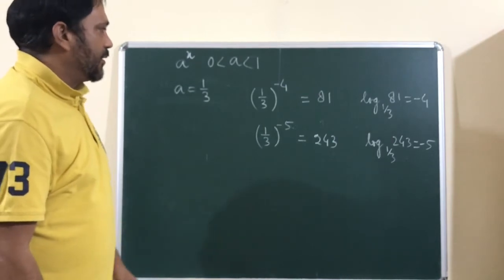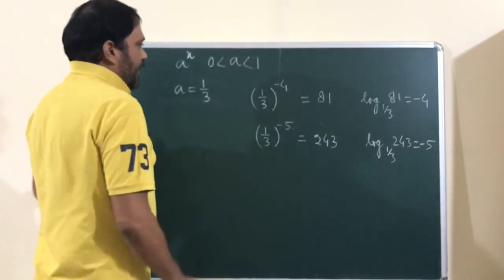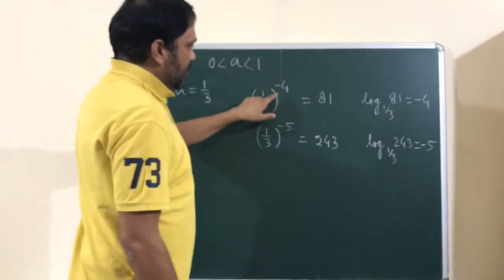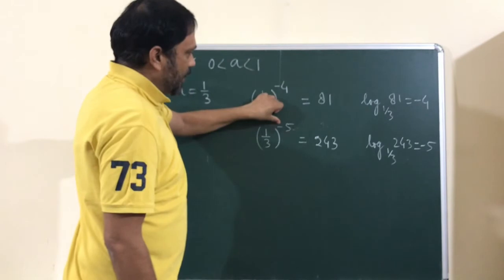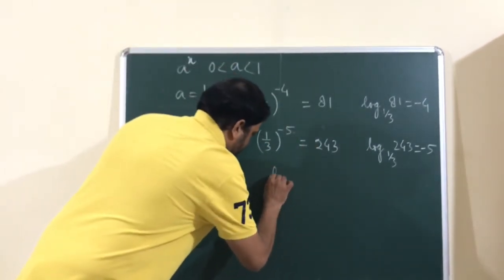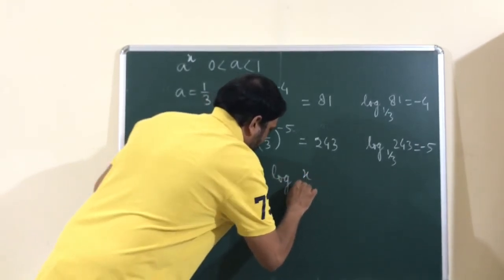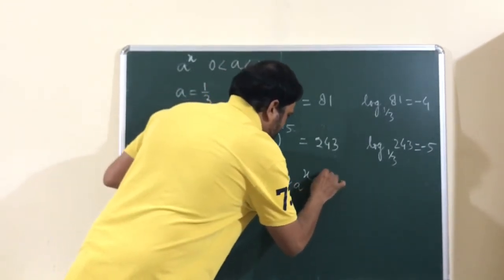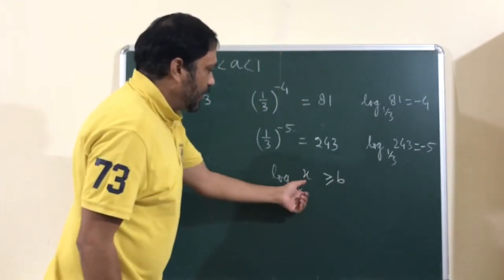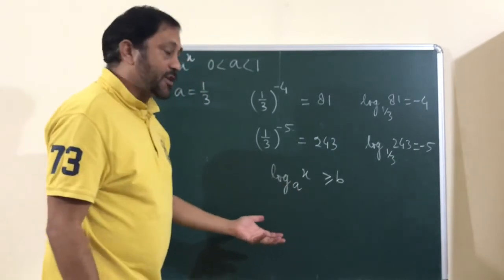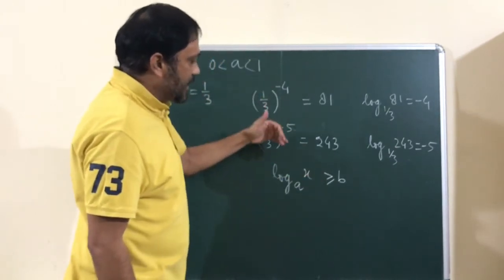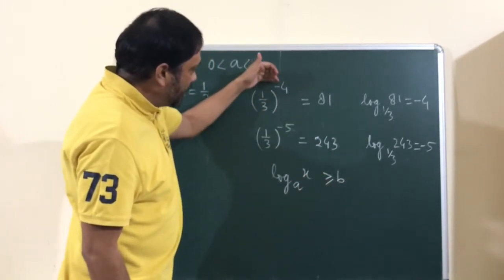So what happens here? You can see that as I go from minus 4 to minus 5, I'm getting bigger values of x. So what will happen there? If we are asked log of x base a is greater than a certain value b, you will have to reverse the inequality sign because now we want the answers which are more than b.